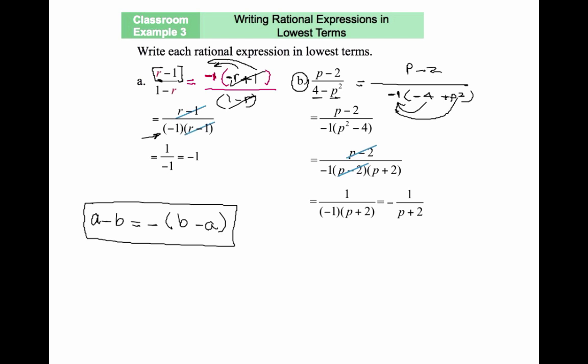So you notice that I can switch these two around: minus 4 plus p squared is the same as p squared minus 4. But if I write it as p squared minus 4 and factor this using the difference of squares, now p minus 2 and p minus 2 reduce, and that's how you can simplify this. And keep in mind that minus 1 is part of your final simplification here, so you should include that as part of the final product.